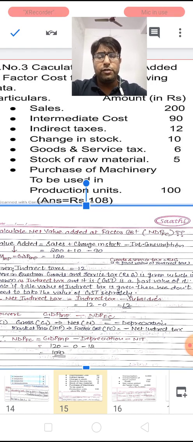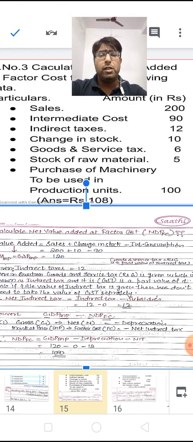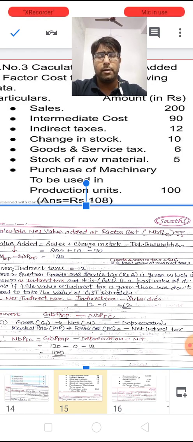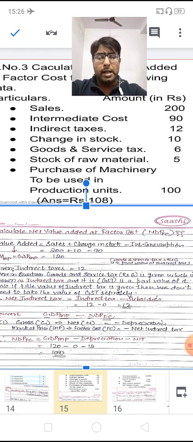120 is the value of GDPMP, whereas the depreciation is 0, because the value of the depreciation is not given. If the value is not given, then we take 0 in place of that value. And the value of net indirect tax is not given, but we have to find it out.